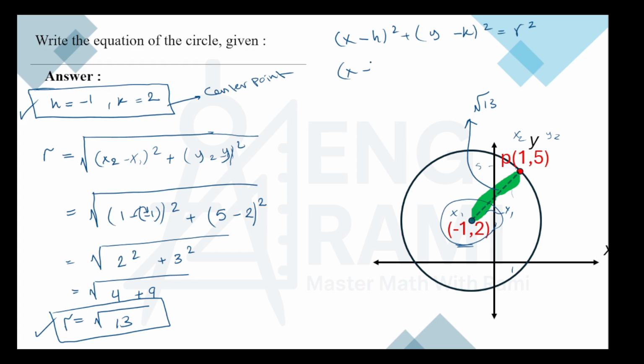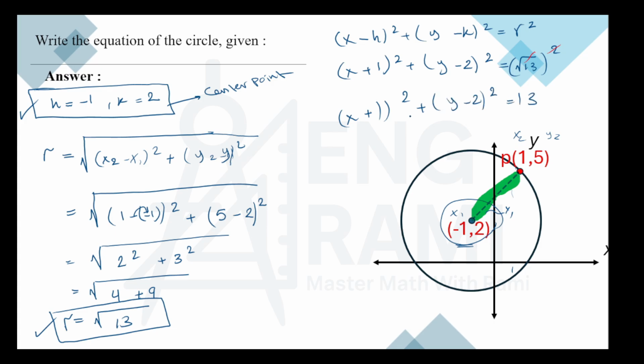Then (x minus (-1)), which will be positive 1, plus (y minus 2) all squared equals square root of 13 squared. This will cancel this. Then the equation of the circle is (x plus 1) squared plus (y minus 2) squared equals 13.